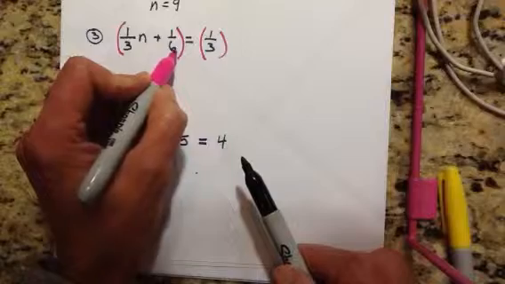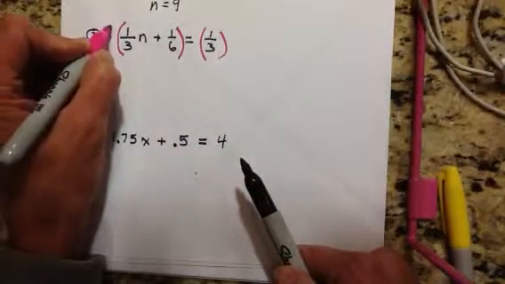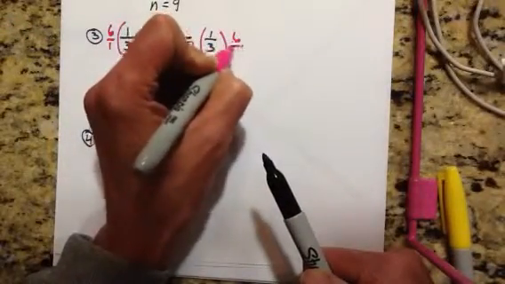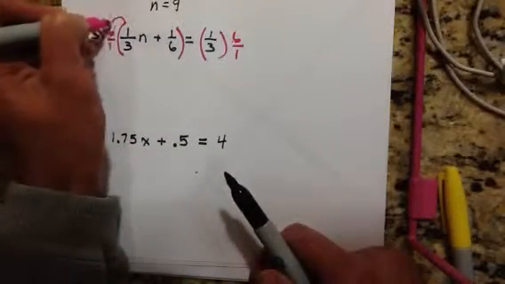Well, what is the least common multiple? It would be 6. 3 can go into 6. So I'm going to choose 6 as what I multiply through by. And I'm going to use the distributive property.